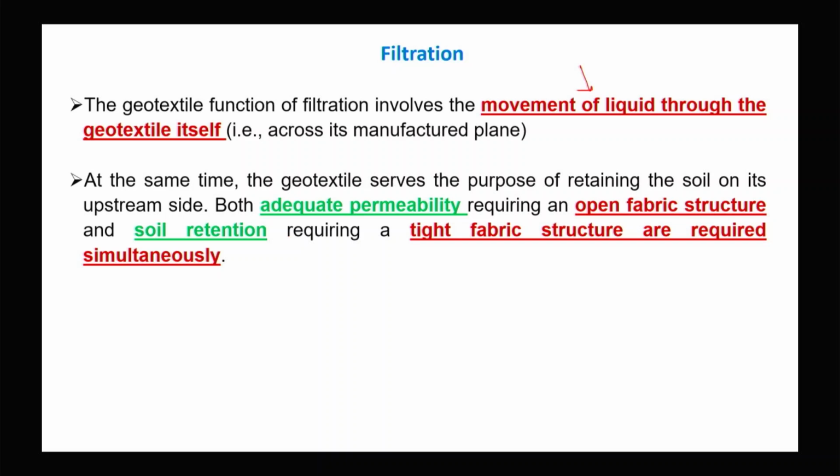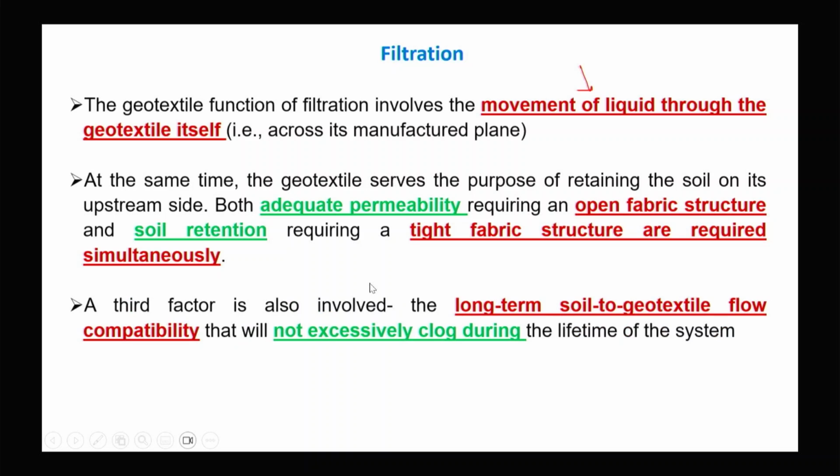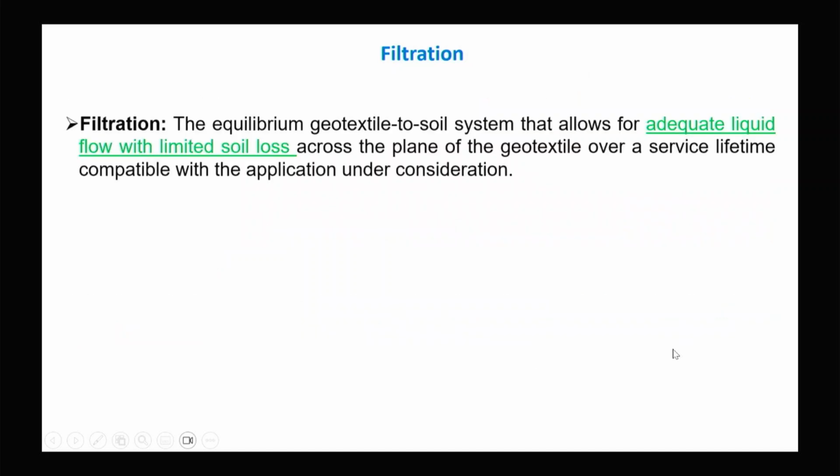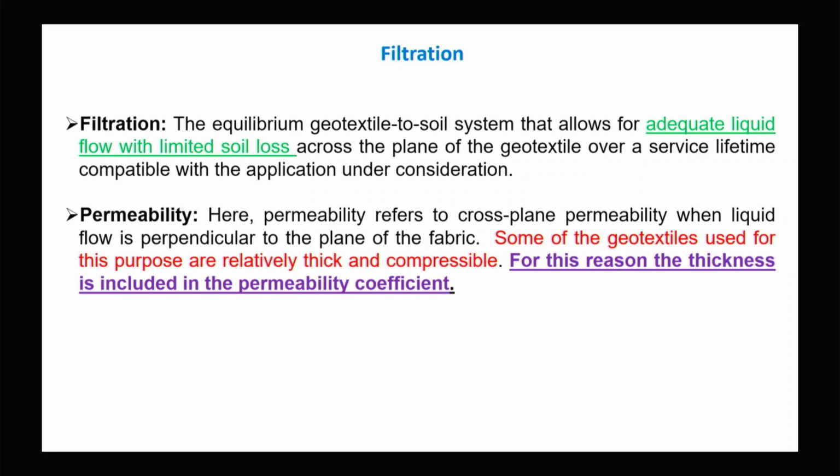And to retain soil, a tight structure is required simultaneously, which is not possible, so we have to optimize this structure. The third factor involves long-term soil-geotextile flow compatibility, and it should not clog excessively during its lifetime. That we have discussed already.